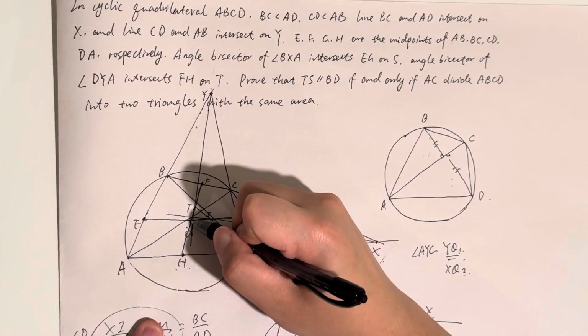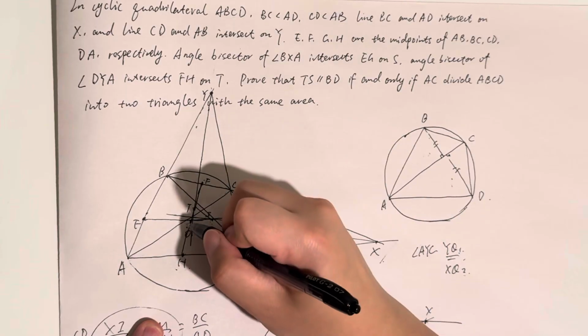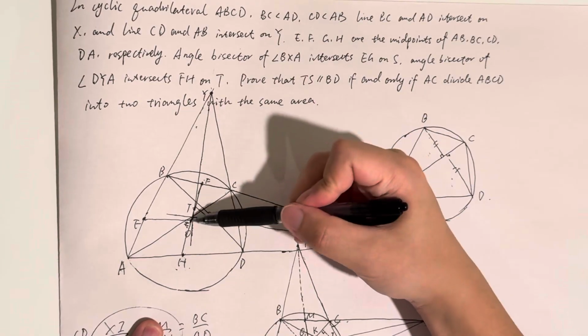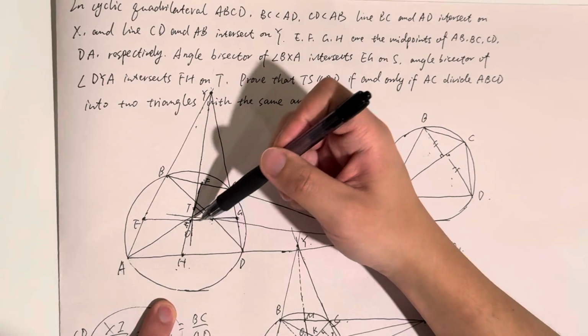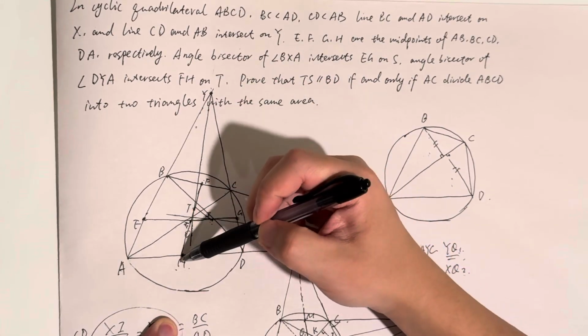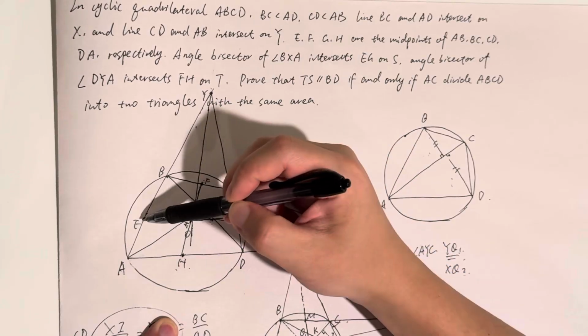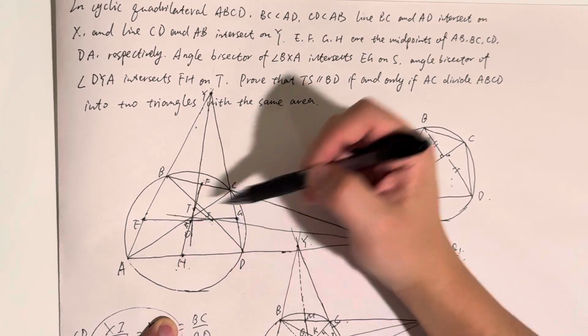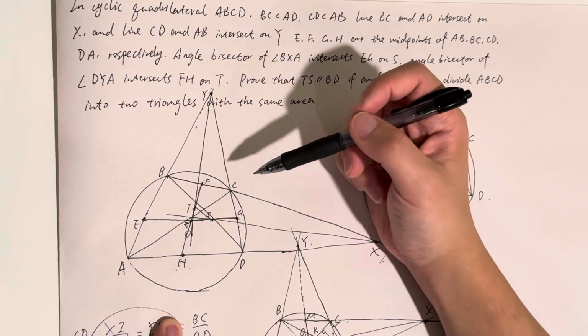Let's call it, I don't know, call it Z. So this point is Z, and this is a midpoint of FH and EG, because EFGH is a parallelogram, right?